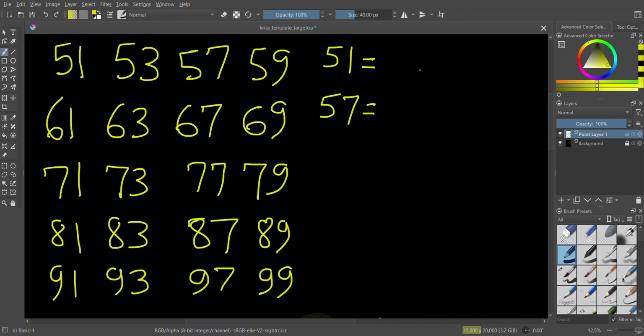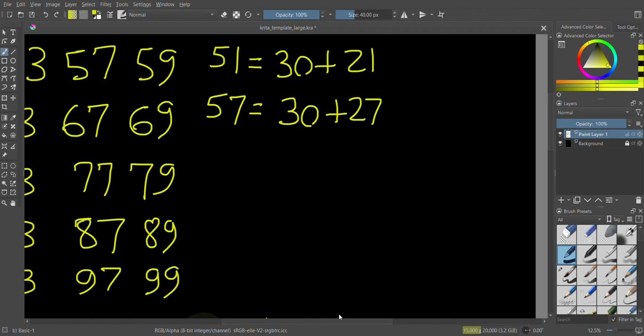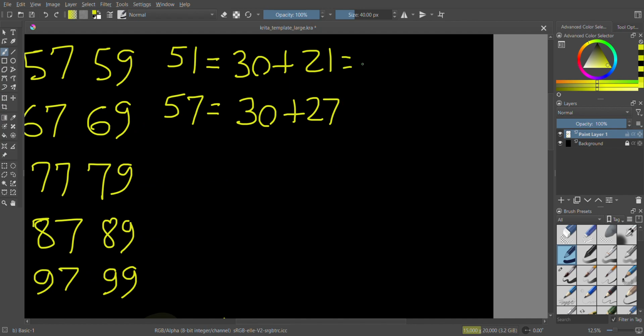But the way to see it clearly is that 51 is 30 plus 21 and 57 is 30 plus 27. Now, in the case of 51, this is 3 times 10 plus 3 times 7, which equals 3 times 17.